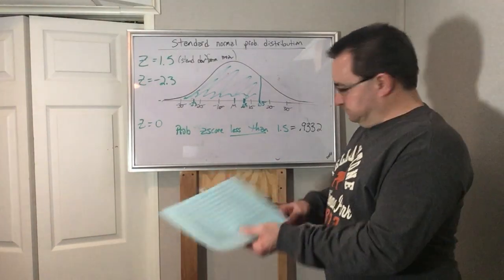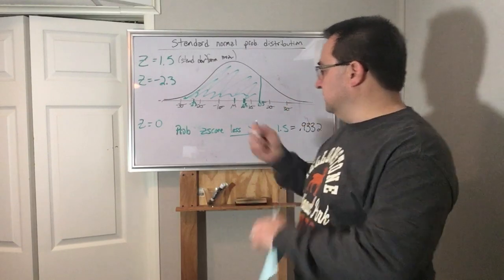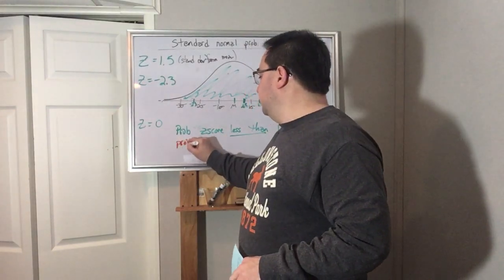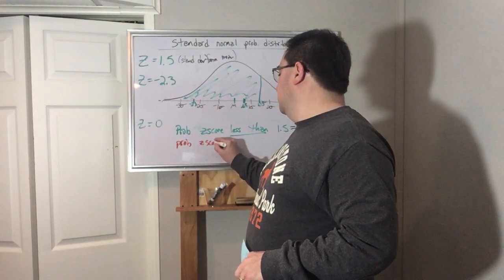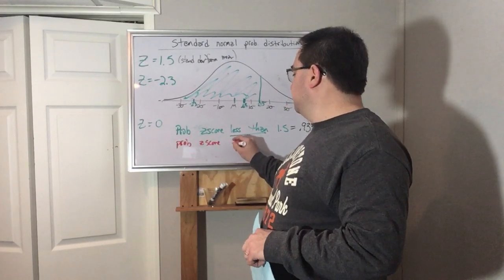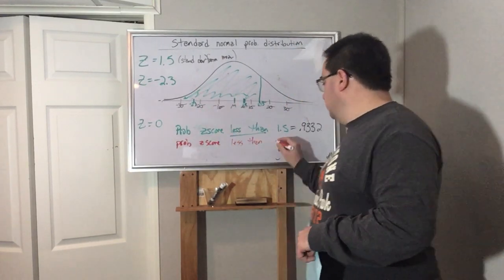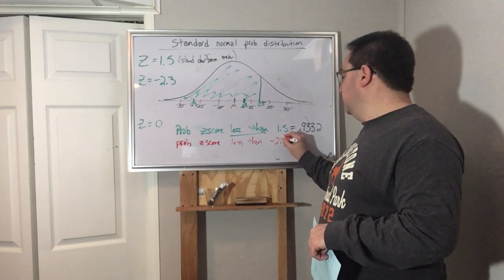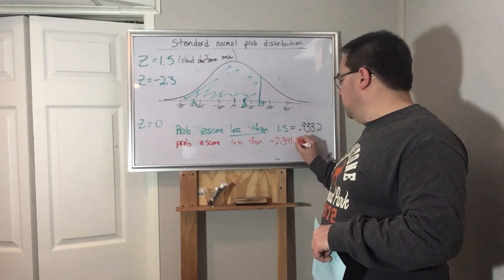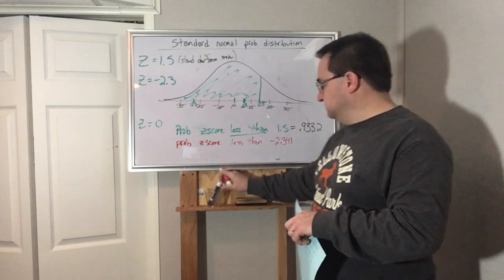Let's do another one. Let me use a different color. What is the probability that the z-score is less than, let's go minus 2.341. Let's add some digits here.